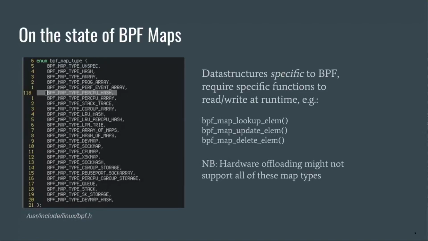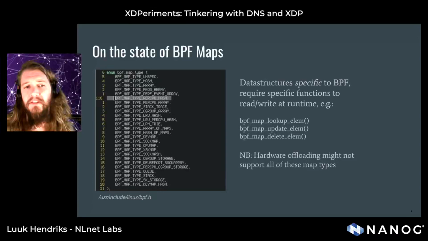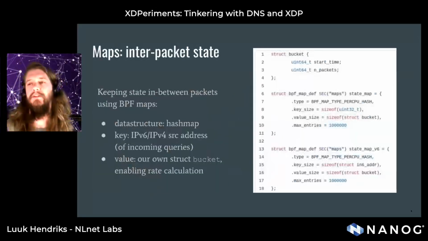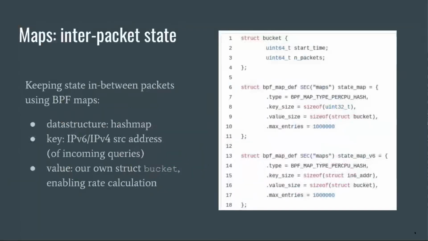You will need special helper functions to actually do lookups and deletes, etc. But this is the stuff that you need if you want to interact with what you just loaded in kernel space from user space. So the two things that we'll see: we do the state keeping, so keeping state in between packets. If you ever worked with other programmable data plane technologies, you know that this can be cumbersome and tricky. But the good thing here is it's normal.